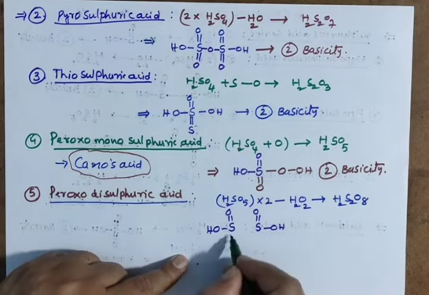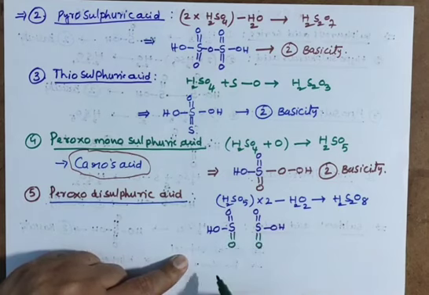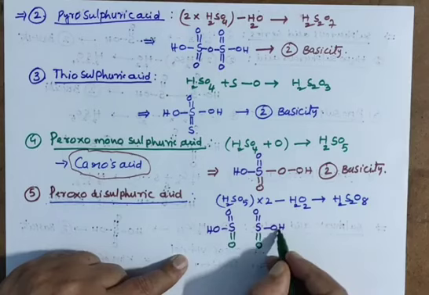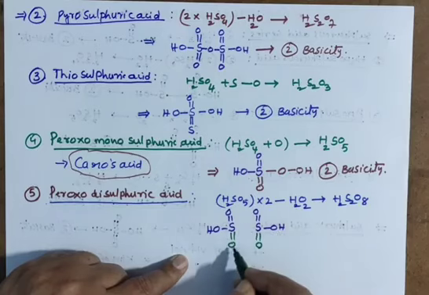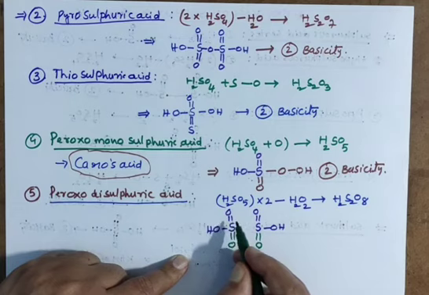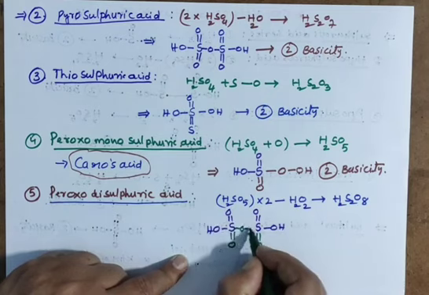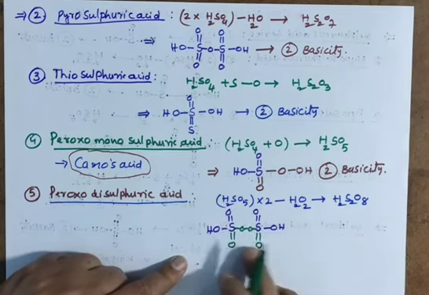Now we have 8 oxygen. So 1, 2, 3, 4, 5, 6, total 6. Remaining 2 are there, so here we can go for 2 in between 2 sulfurs.